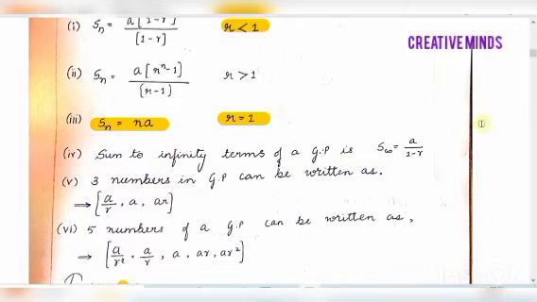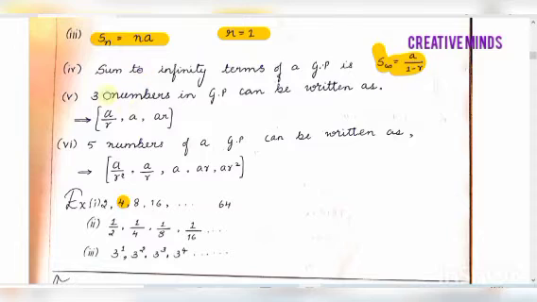Now, how to find the sum of infinite terms in GP? The formula is like this: S infinity is equal to A divided by 1 minus R. Here, S infinity means the sum of infinite terms, A is the first term and R is the common ratio.